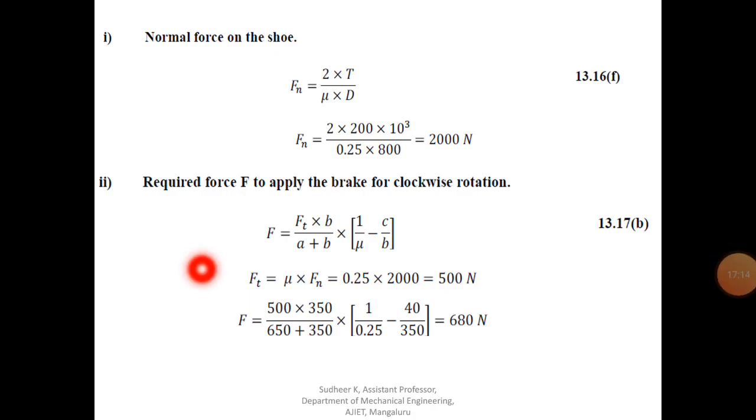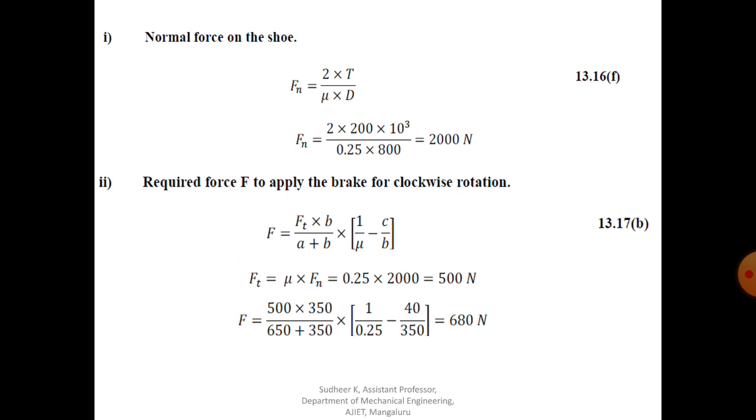Next question, required force F to apply the brake for clockwise rotation. The data book diagram and the given diagram, you have to cross check. If any change is there, like in terms of direction of the force, that plays a very important role. In such a case you have to interchange the equation.